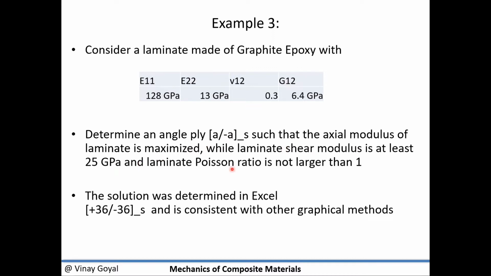And so you want to keep that shear modulus greater than that, and the laminate Poisson ratio should not be larger than 1. And so this is an example of how you can use optimization techniques to ensure that I get a particular set of properties.